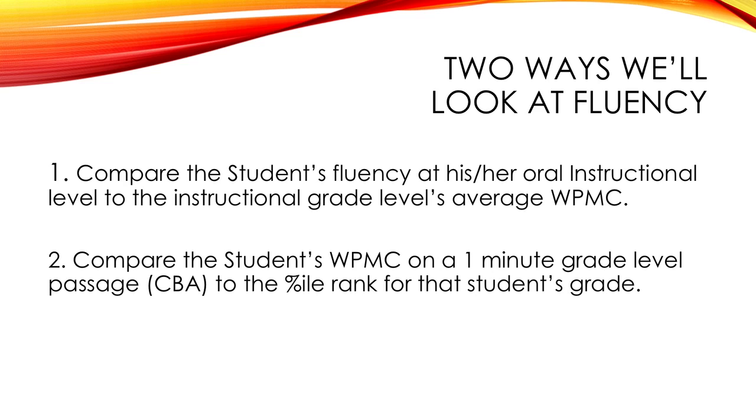And then the second way is, as I said, the more traditional way. We're going to time the student for 1 minute, just as you do on AIMSweb, or DIBELS, or FAST, or any of those. And we are going to then look at that student's grade level in whatever testing window, fall, winter, spring, and find out where that words per minute correct falls.